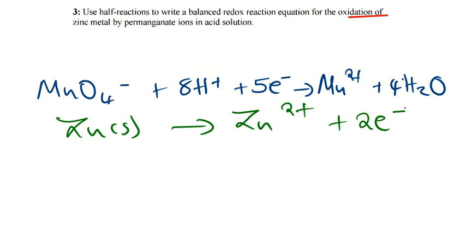Now at this point we can't just balance directly because the number of electrons are not able to cancel out. We've got 2 in one, the other one we've got 5. So how do we strike a balance? What do we multiply with? Pause the video and try to think of that. So 5 and 2. We are just supposed to multiply this one by 5, that one by 2.